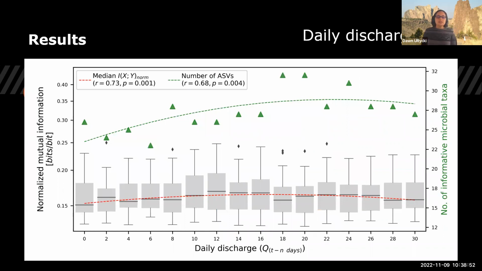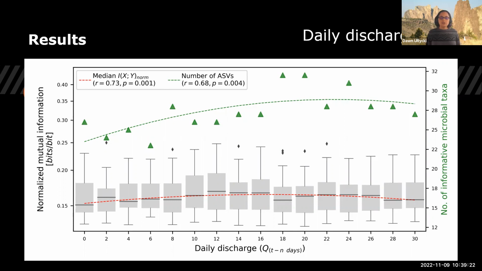For each of these categories, we compared two metrics of shared information: the median value of shared information across the entire community, and the number of informative ASVs for each metric. Here we have box plots illustrating the median value and distribution of normalized mutual information across time lags, where the green triangles represent the number of informative ASVs and correspond to the y-axis on the right-hand side.